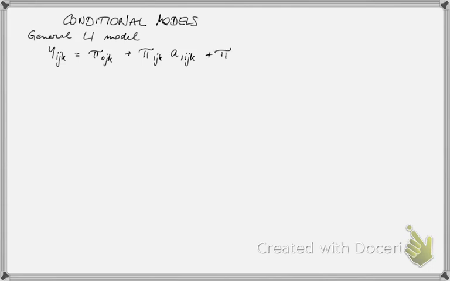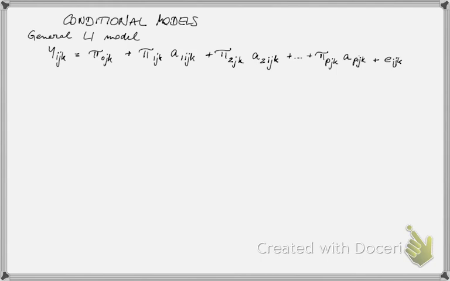If we have a second level 1 predictor, it's going to get a pi 2 jk times a 2 ijk, and so forth. And I'm going to write this out for the case of a pth pi p jk times a p ijk, and then we have an error term of eijk.